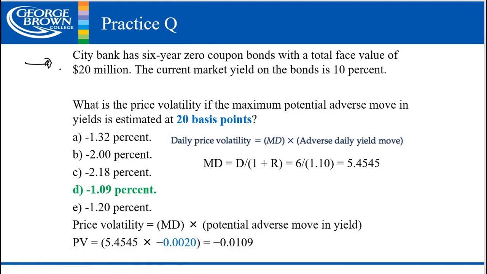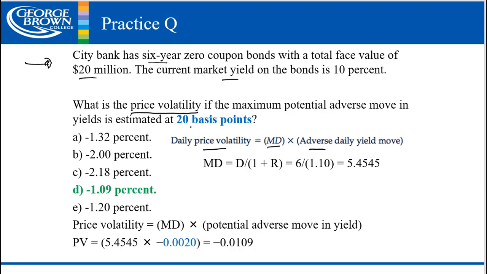So the first part of the question is exactly the same as we've seen on the previous question. They're giving us a 6-year zero coupon bond, face value of 20 million, current market yield is 10%, but here they're asking for the price volatility. So remember, the daily price volatility is the product of the modified duration times the adverse daily yield move.